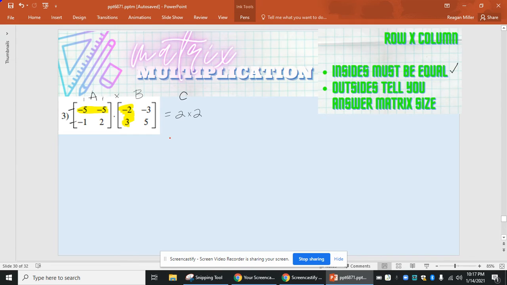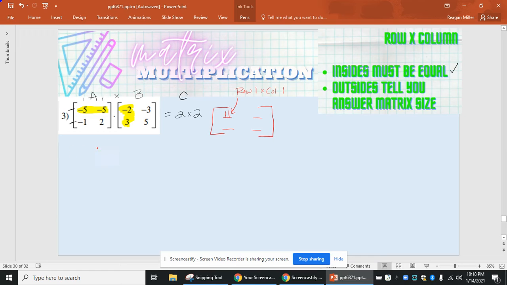If our answer matrix is a 2 by 2, we've got 1, 2, 3, 4 positions. That's going to give us this position right here. We call that element 11 or position 11. And that tells you that you're going to be multiplying row 1 by column 1 to get that answer.